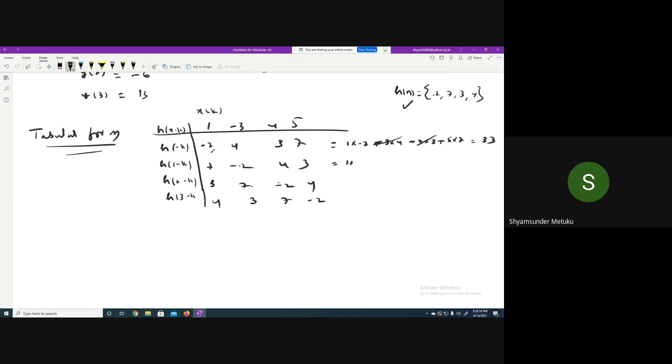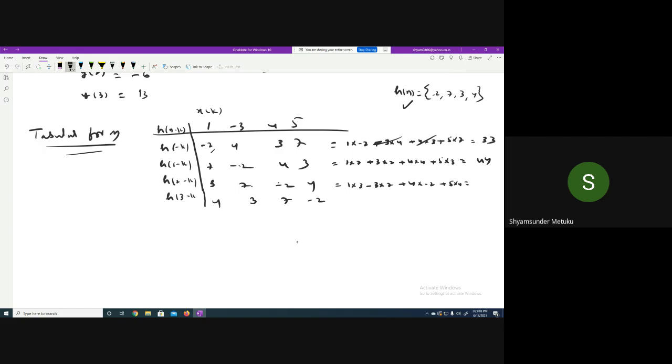Next there will be 1 into 7, plus minus into minus 3 into 2, plus 4 into 4, plus 5 into 3. So 7 plus 6 is 13, plus 16 is 29, plus 15 is 44. Then 1 into 3, minus 3 into 7, plus 4 into minus 2, plus 5 into 4.